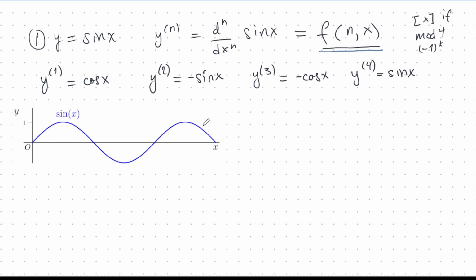This is the function sine x. It has one period of 2 pi, and this here is 3 pi. You notice that sine x begins at 0 and goes up to 1, and you have to remember this. It begins at 0. That's a critical thing.